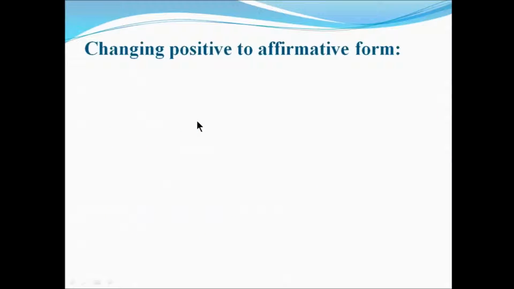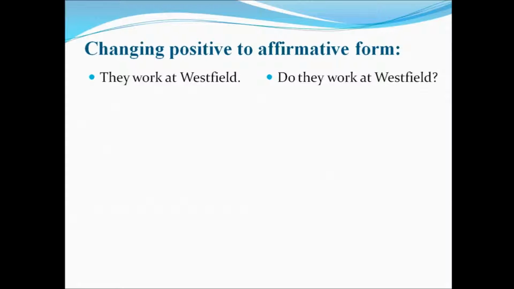Okay, now everyone, we are going to have a look at some more examples by changing the sentence into the question form. This you have to practice by yourself. Now I give you 2 examples here, and then the rest is for you. They work at Westfield, and then the question is, do they work at Westfield?